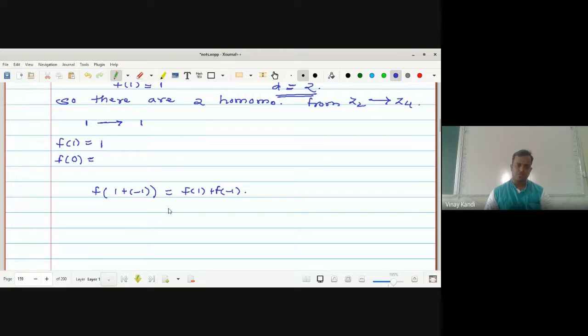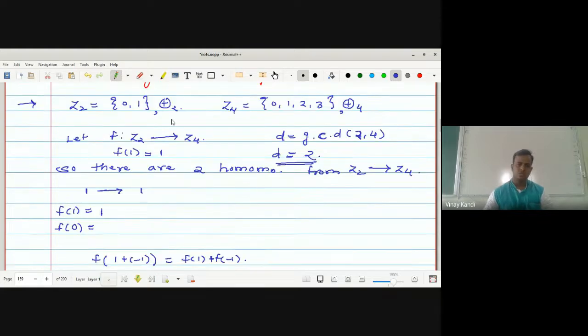Which is equal to f of 1, and this one is f of minus 1. Minus 1 is equivalent, in Z2, to what? What is the value of minus 1? What is the value of 3 under addition modulo 2? It will be 1. So 3 is equivalent to 1.